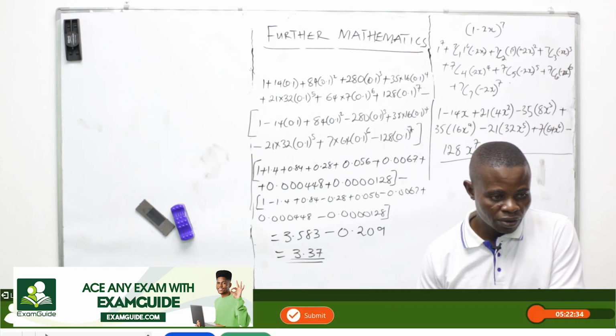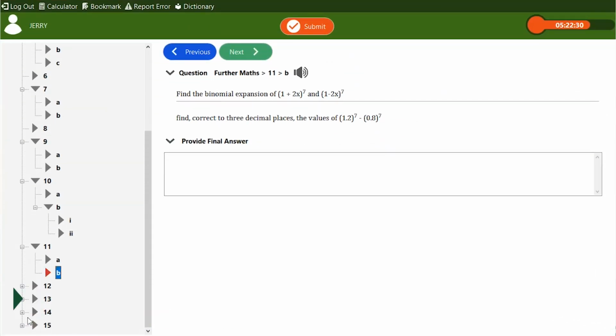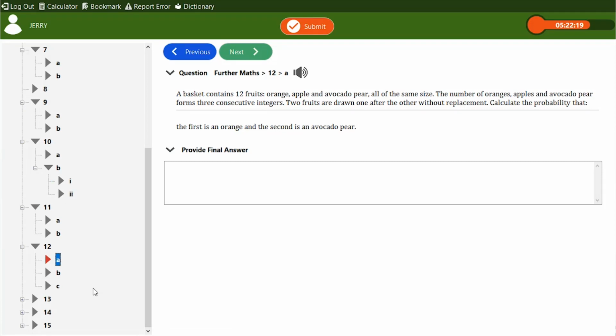Question number 12. A basket contains 12 fruits: orange, apple, and avocado pear of the same size.